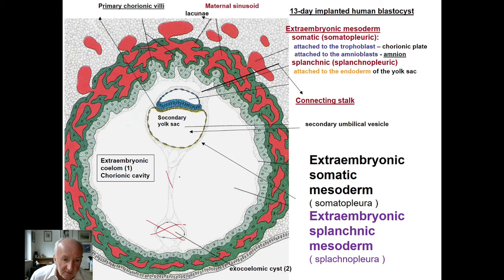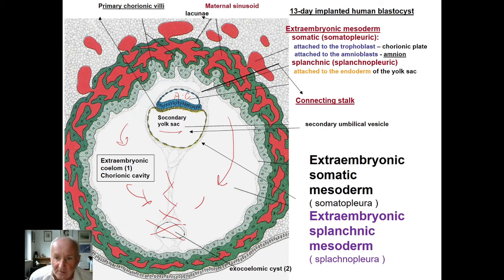This stalk will vanish, and this structure will now be surrounded by the large chorionic cavity, the extraembryonic coelom. Amniotic cavity, here epiblast, hypoblast, secondary yolk sac.